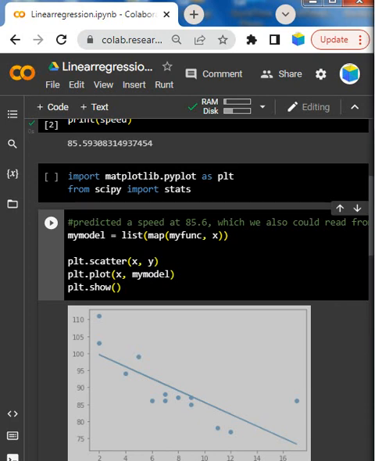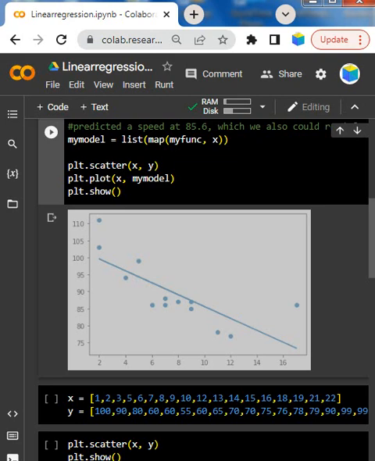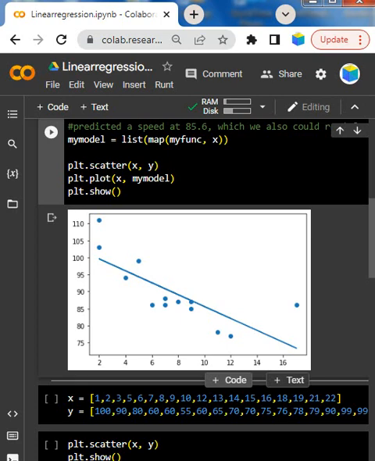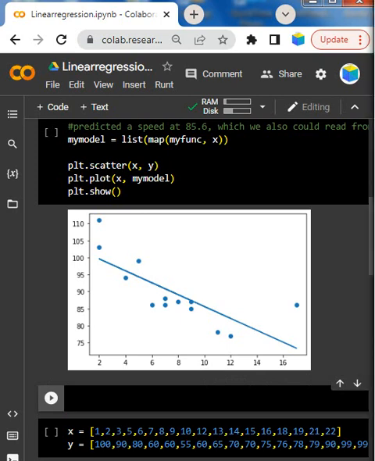Suppose you want to try to fit a bad fit; this one looks like a good fit. So if I want to try a bad fit here, let me try another one. I am taking one example like this way.